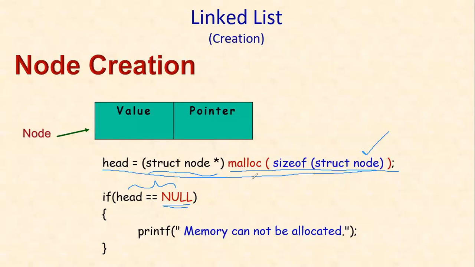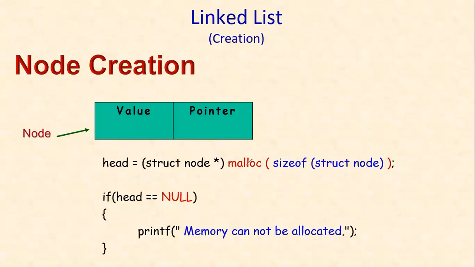If malloc returned null, you just display, for user understanding, that memory cannot be allocated, and you can quit the program. For our understanding, let us assume that malloc allocated a valid address, that is, memory was allocated successfully.